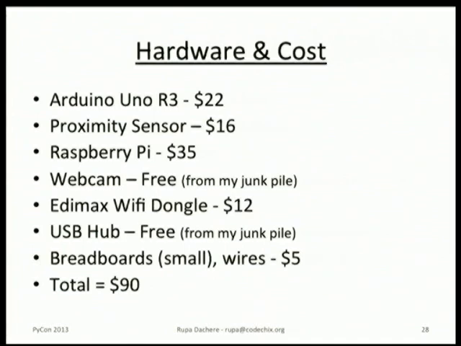USB hub was also free because it was from my junk pile. Breadboards, wires, etc. was $5, and so $90 total for all of this. I am not including, if you don't get free credits from Twilio, that would be an additional cost, but they don't charge very much. It's like 1 or 2 cents or something, so that's almost negligible.